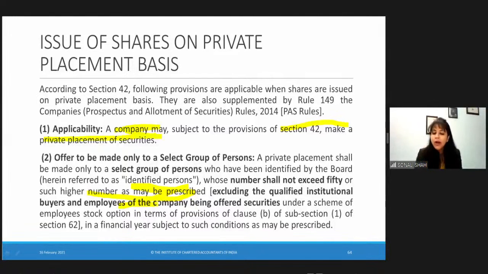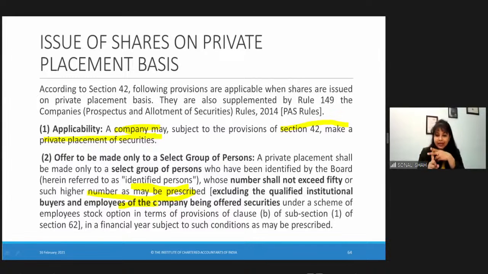But there is a point you have to remember here. Whenever you are counting this limit of 200, you exclude the qualified institutional buyers and employees of the company who are being offered securities under employee stock options. So QIBs and employees offered securities under ESOPs are excluded when counting the limit of 200.